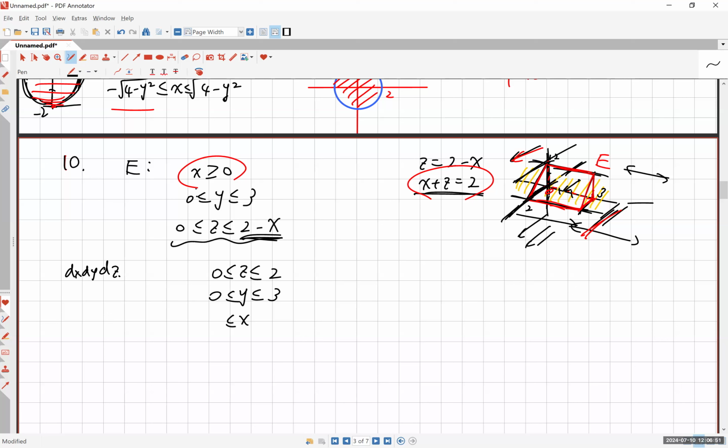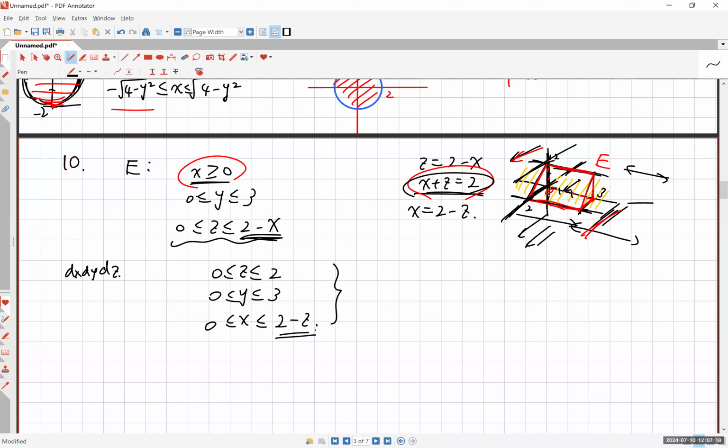So now we have to solve this equation for x. That's easy: 2 minus z. So x goes from 0 to 2 minus z. This may be the trickiest part of this problem, but you have done this before in chapter 5, and I hope you remember how to do this.